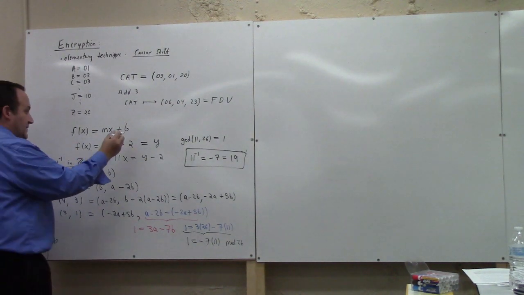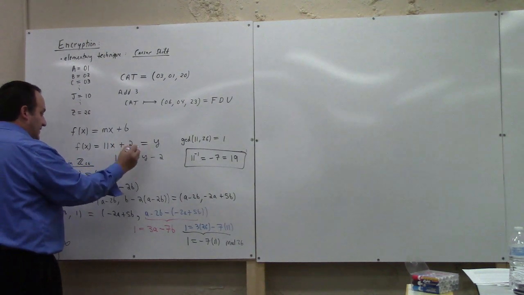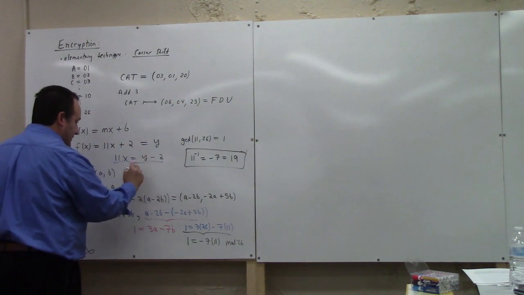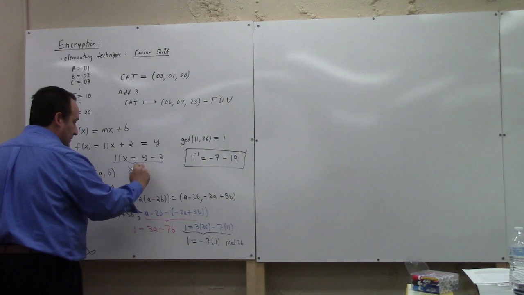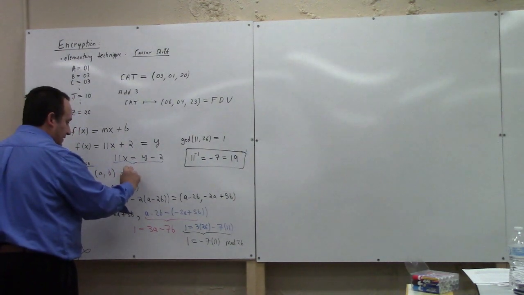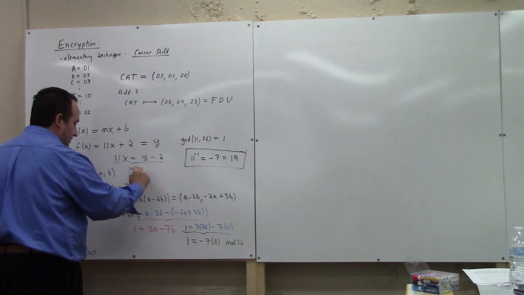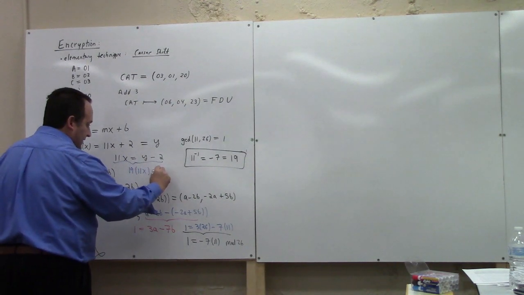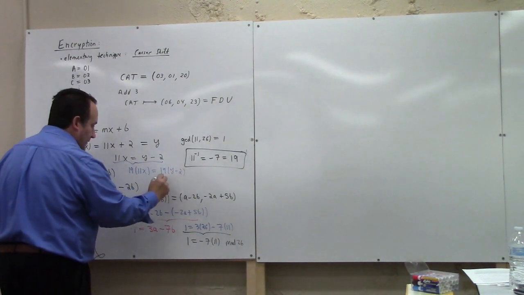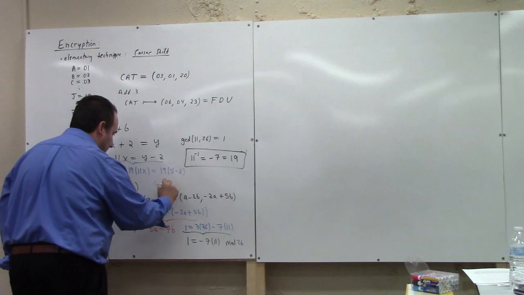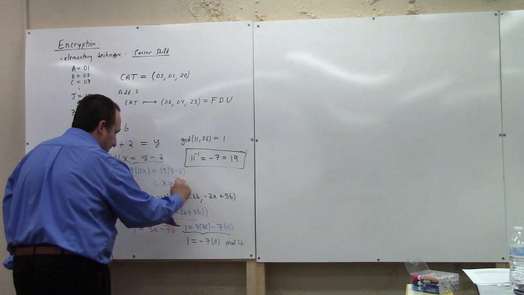So if I wanted to undo this affine shift cipher, I could solve for x. I multiply this equation on both sides by 19. 19 times 11x is equal to 19 times y minus 2, right? Therefore, x is equal to 19 times y minus 2.